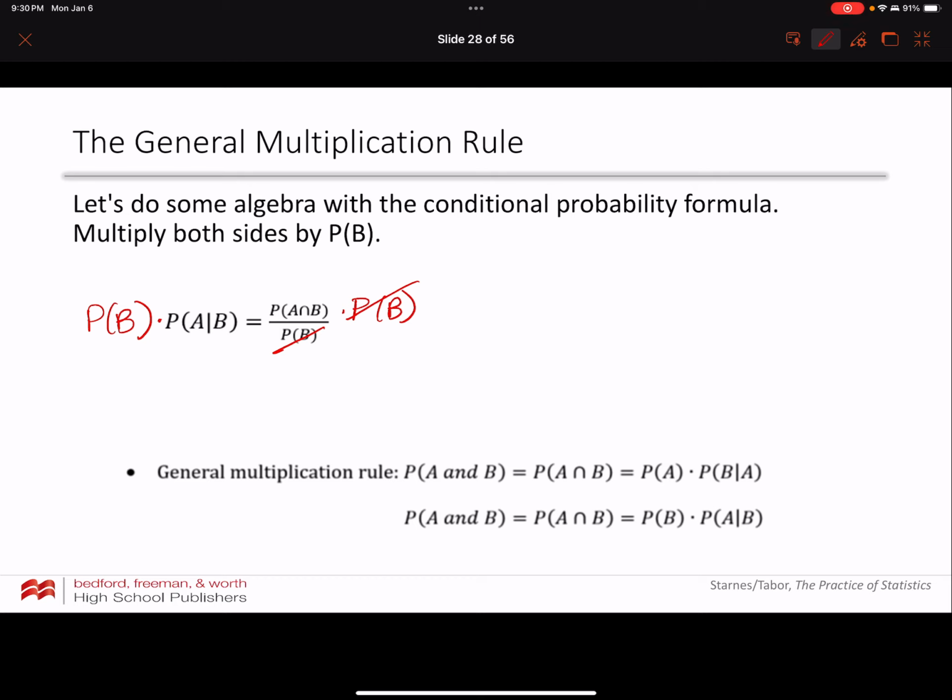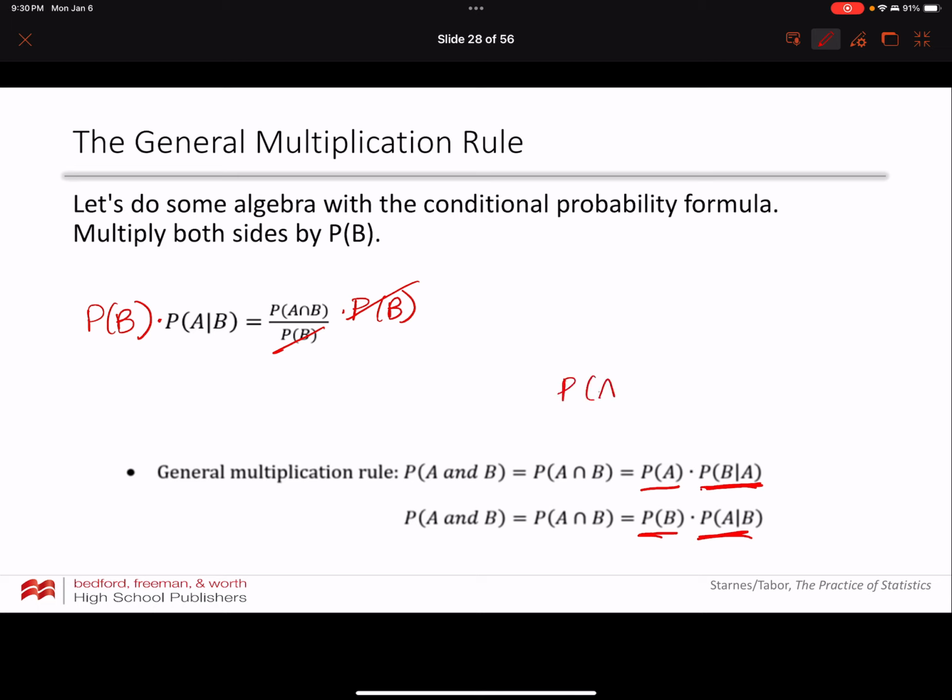And that brings us to our next important rule that I told you we were going to learn, which is what we call the general multiplication rule. And this is always true. If I want to find the probability of A and B, I can take the probability of A and multiply by the probability of B given A. Or I can take the probability of B and multiply by the probability of A given B. So these two things are equivalent.